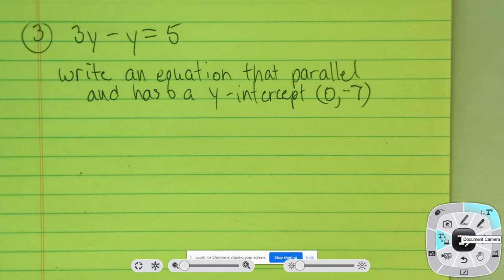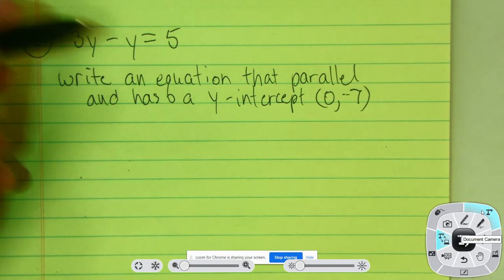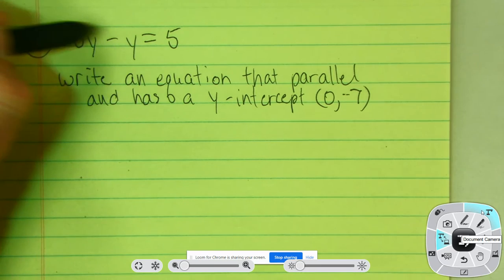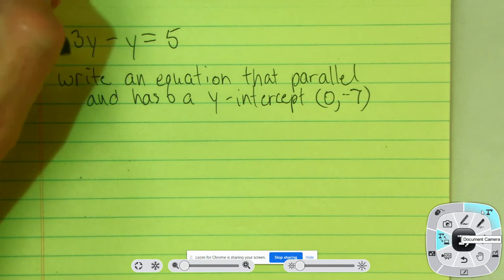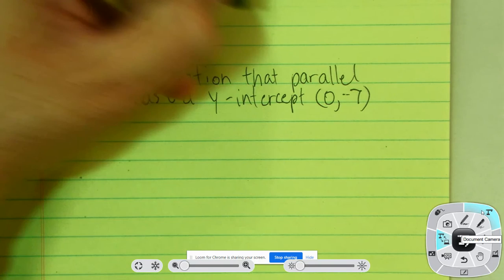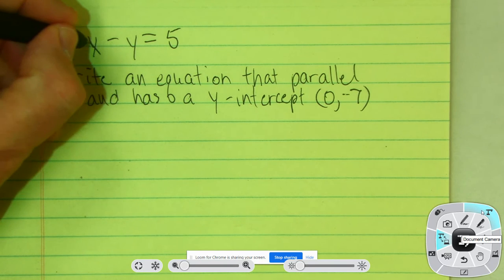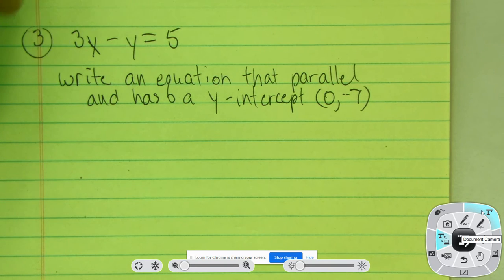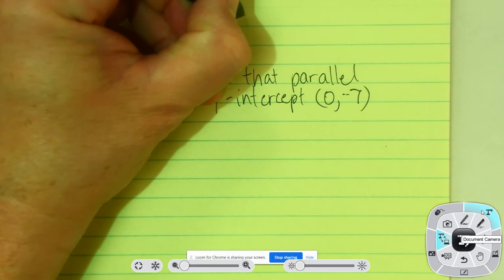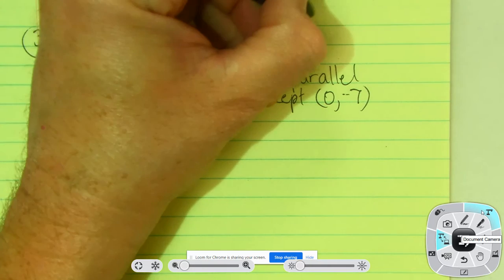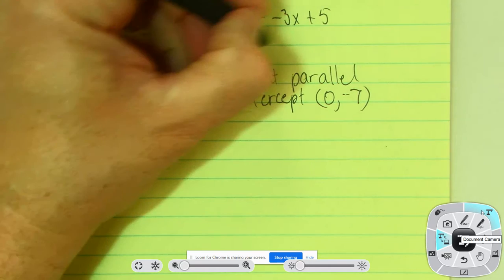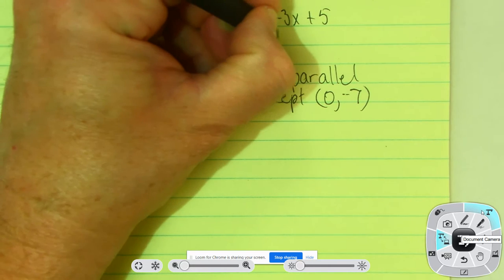Well, the first thing I need to do is to determine, okay, what is the slope of 3x minus y? So if I subtract 3x from both sides, I'll rewrite it as negative y is equal to negative 3x plus 5, and then I reverse my signs all the way through.